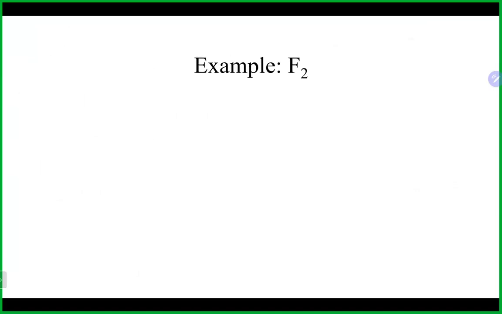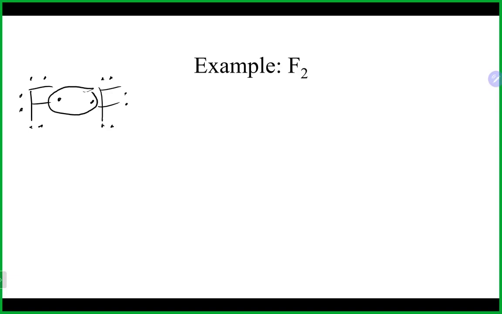Now let's take a look at fluorine. In this case, we have fluorine, which is group 7, has 7 valence electrons. And once again, we have another fluorine, which has 7 valence electrons. Clearly here, they both have identical periodic properties and electronegativities.